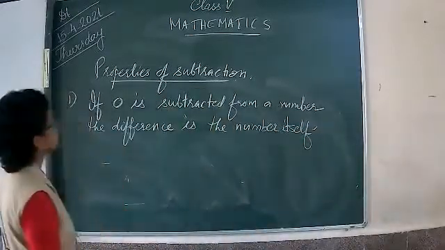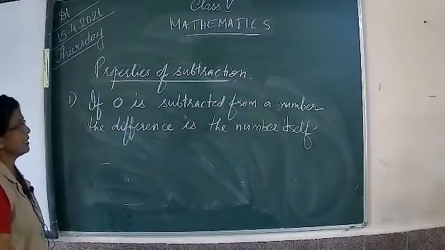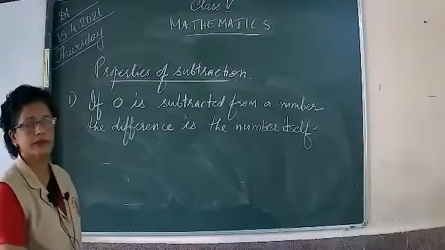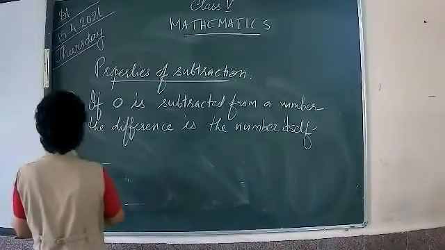If 0 is subtracted from a number, the difference is the number itself. What do you understand from that? I'll show you one example there.